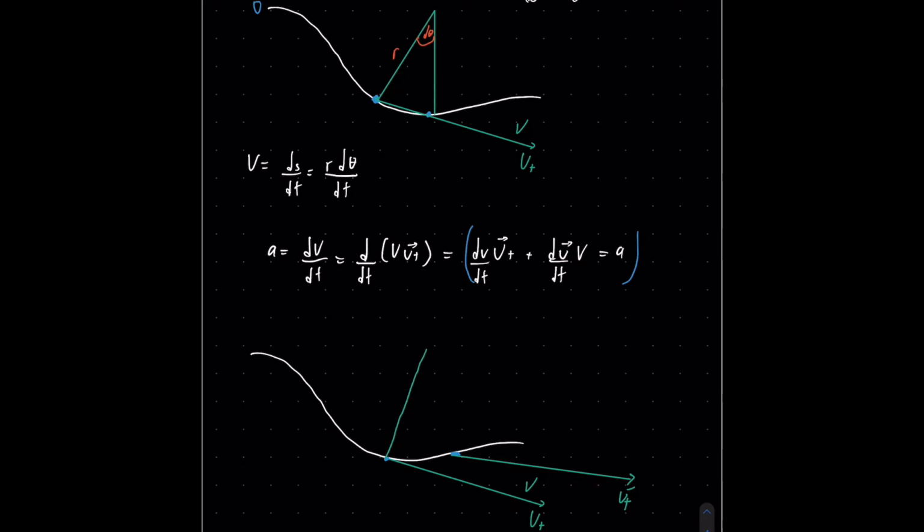And don't forget the radius is going in the normal direction. R d theta. So what is this saying? Well, first of all, pay attention here. The derivative of the velocity over time, dv over dt, is equal to the acceleration.